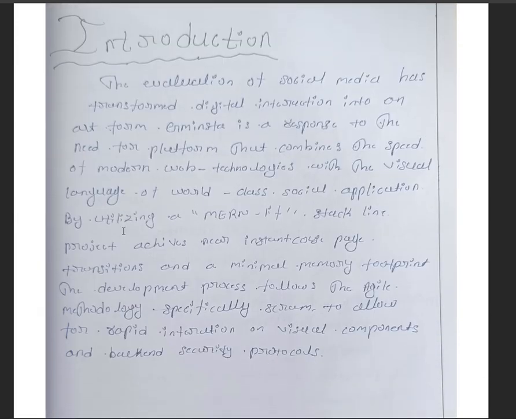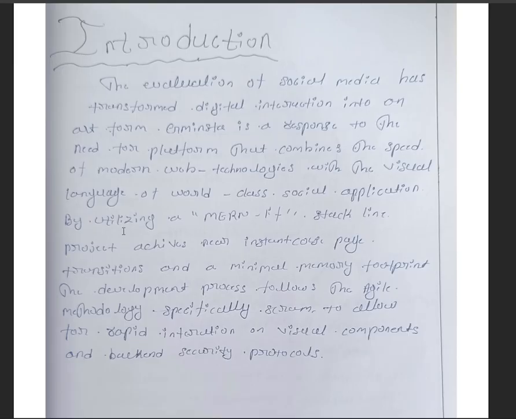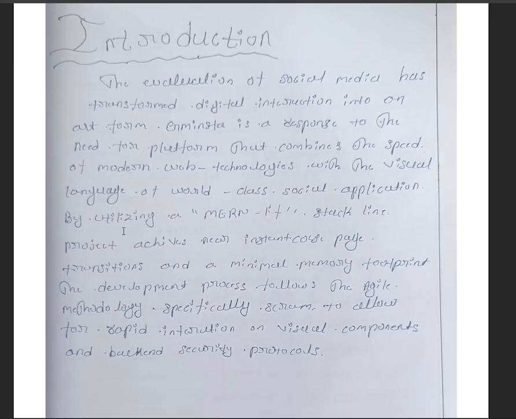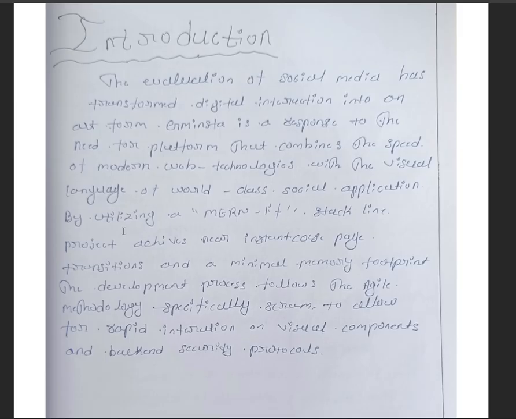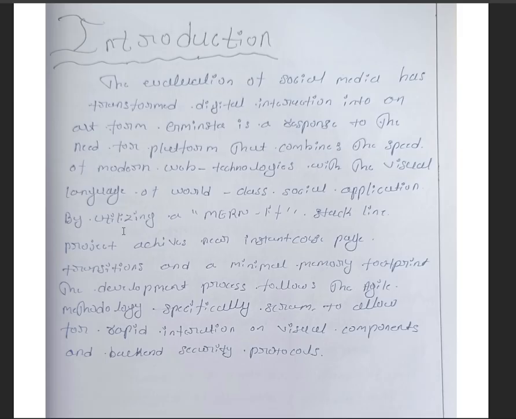Next, introduction. The evolution of social media has transformed digital interaction into an art form. GMinsta is a response to the need for a platform that combines the speed of modern web technologies with the visual language of a world-class social application.